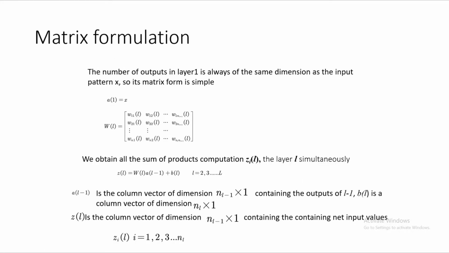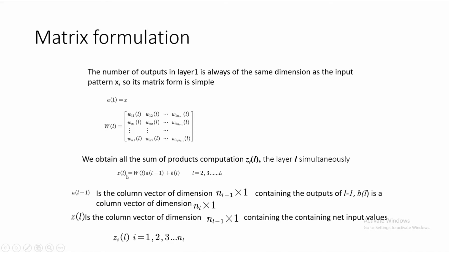The number of outputs in the first layer is always the same as the dimension of the input pattern X. So its matrix form is very simple: A1 is equal to X, and we can also represent the weights in this WL matrix, and thus we obtain all the sum of products computations ZiL in layer L simultaneously.